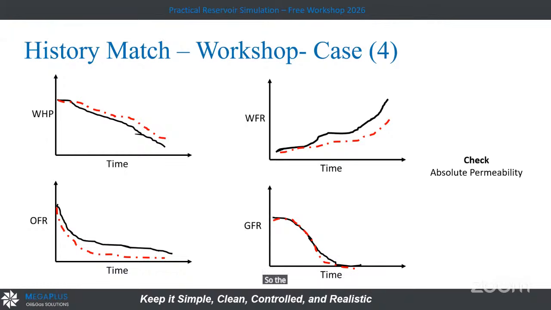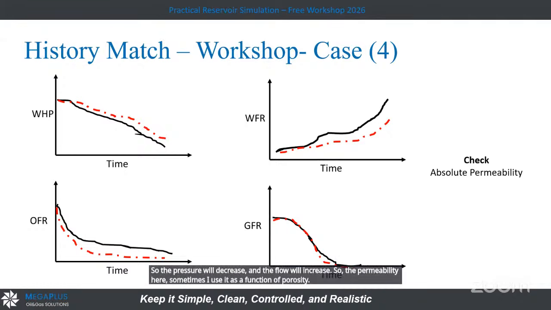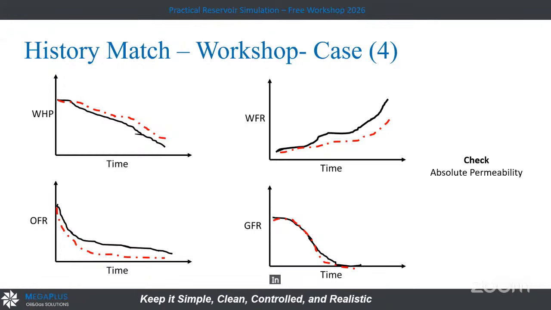So the pressure will decrease and the flow will increase. So the permeability, sometimes I use it as a function of porosity. So maybe in the static model we put this function. We can edit the permeability as a property model, or in the porosity we need to make an averaging of porosity or a distribution of porosity in another way, so we can make a better history match.